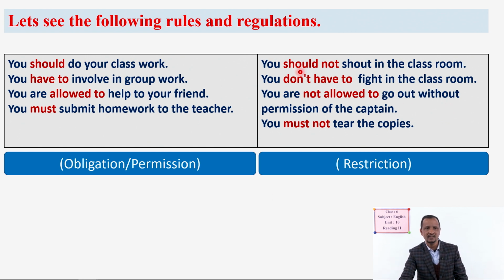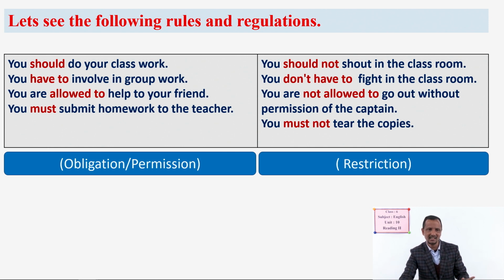Let's see: should not, don't have to, not allowed to, must not. Means for obligation and permission we use should, for restriction we use should not. Have you seen? Right. Have to, don't have to, allowed to, not allowed to, must not. So, the negative one we use for restriction.